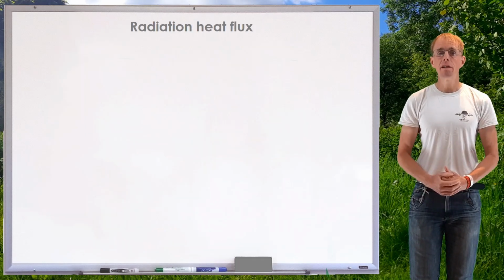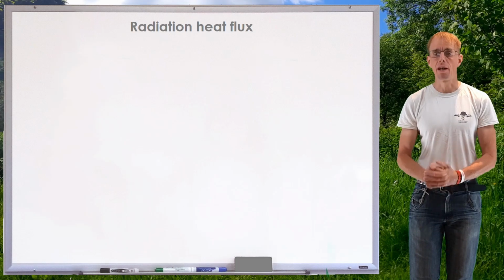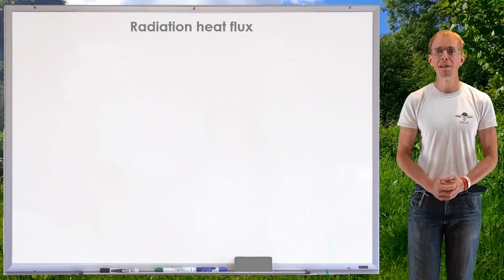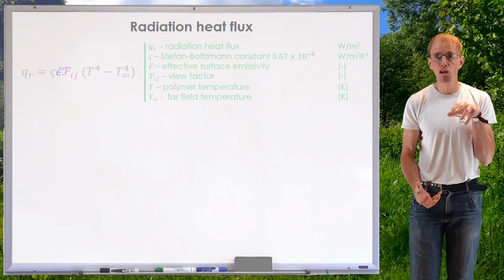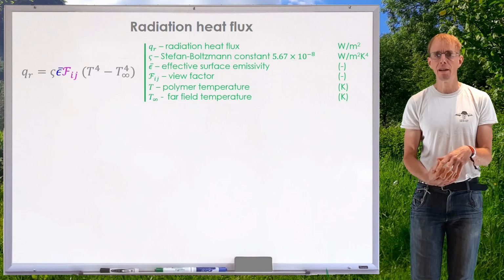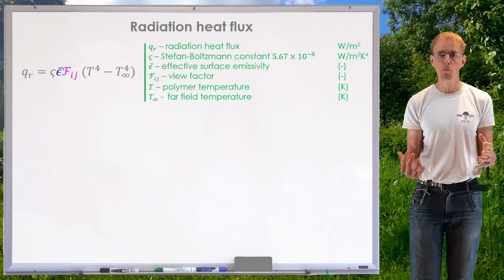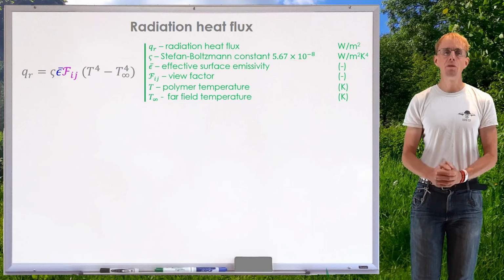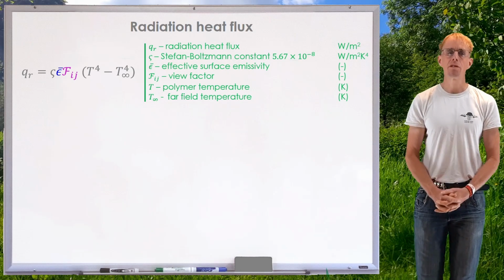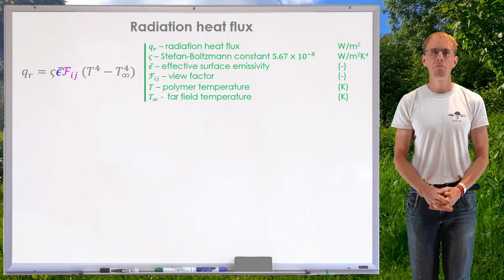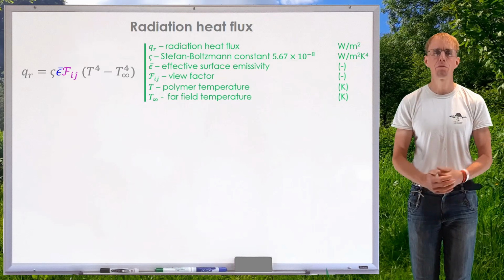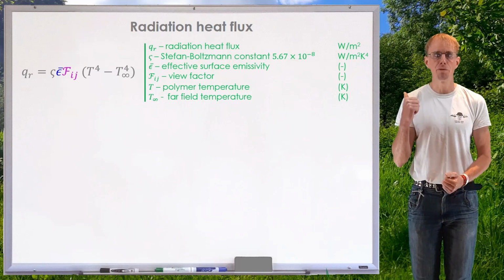So let's remind ourselves about radiation heat flux. This is now where we're going to make the assumption that everything is a surface-based effect, and all we care about is the amount of energy flux hitting a surface and it's all absorbed. All right, so my radiative heat flux, little q sub r, which is a scalar, which is measured in watts per meter squared, can be written as follows.